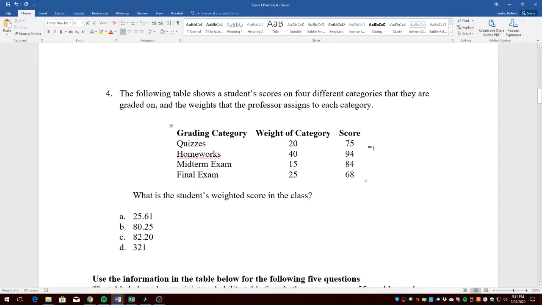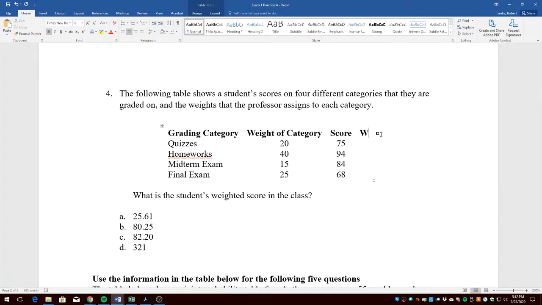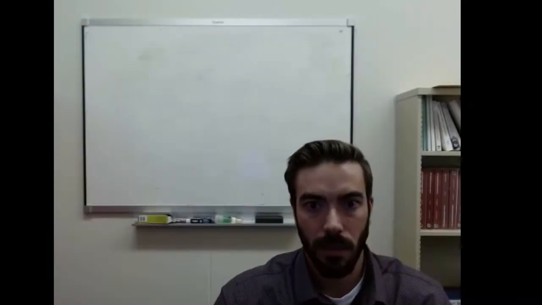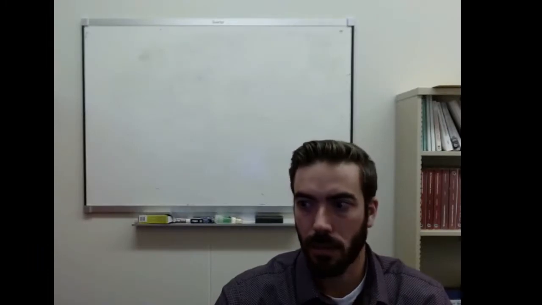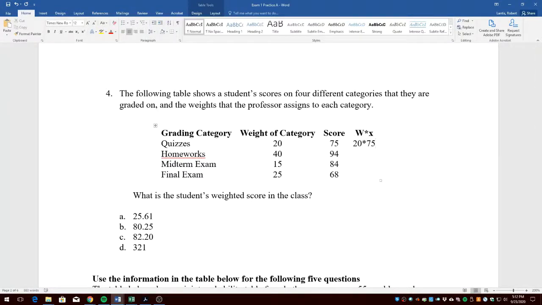So that process, I could create another column, right? And I'll actually do that here so we can see what that would look like. And you could just do this, you're going to actually be writing this value down. So here it's going to be W times X. So W times X. We're then just going to take 20 times 75.